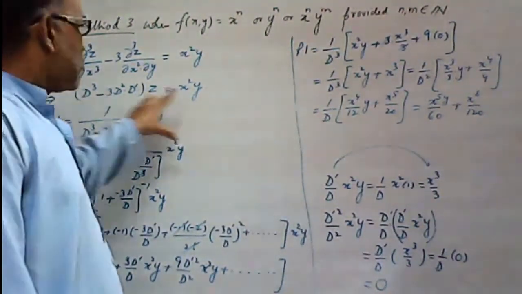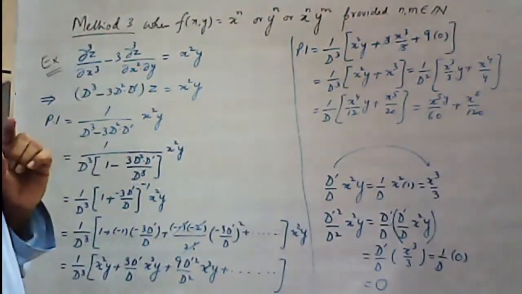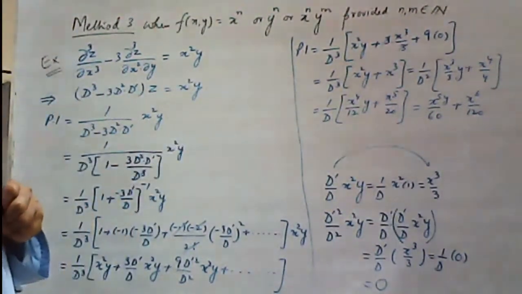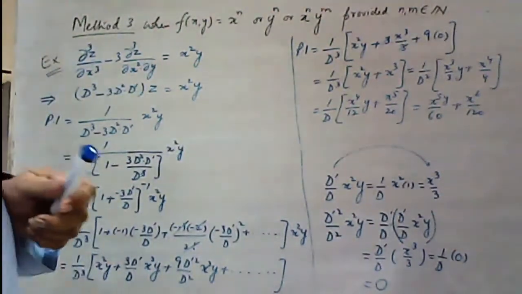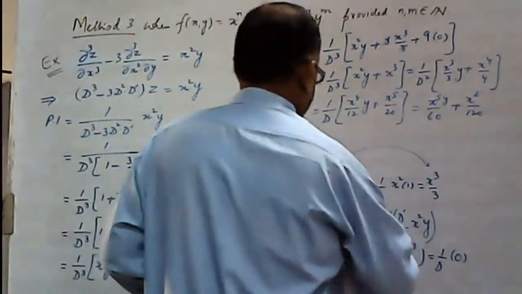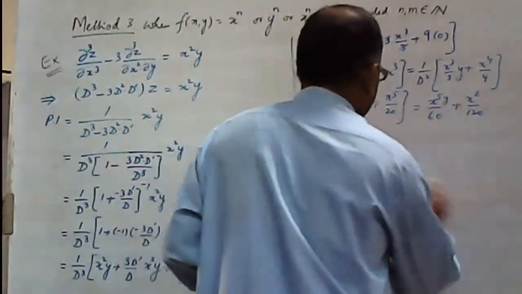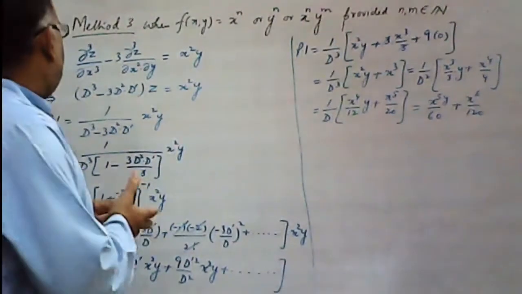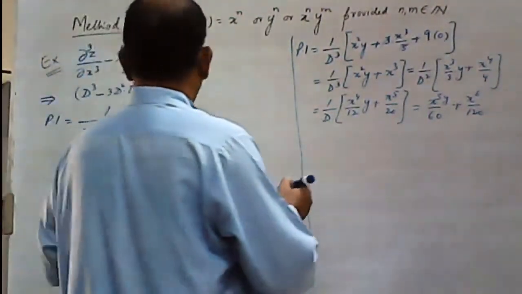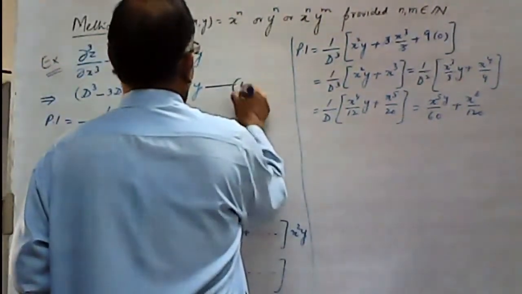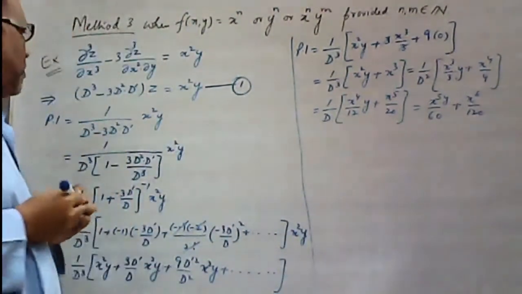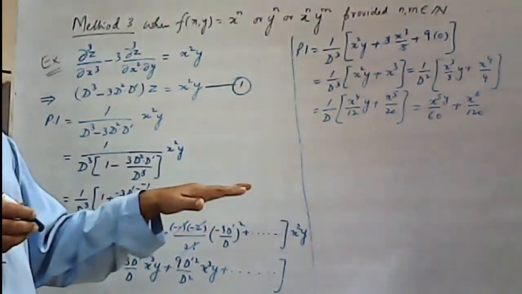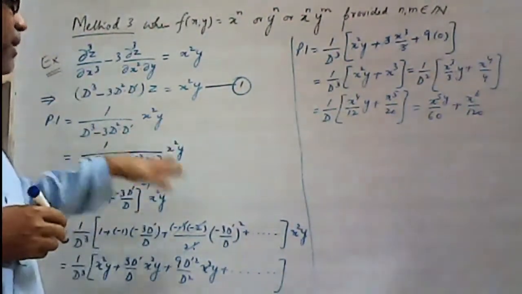Remember, I am just solving for the particular integral, but in parallel you need to find the complementary function as well. Just as a reminder, there is no problem if you find the particular integral first and the complementary function second, or the complementary function first and the particular integral second.